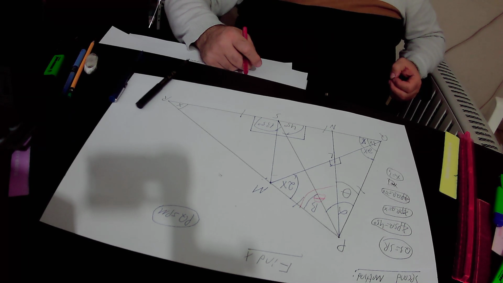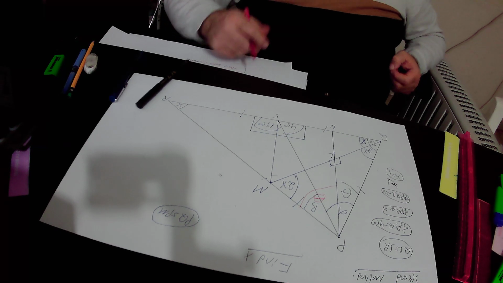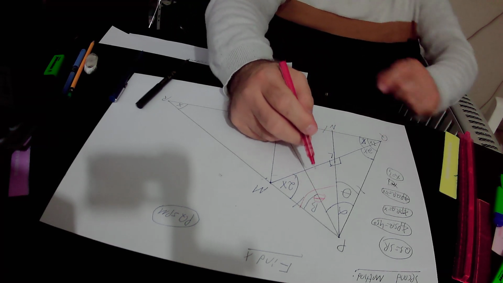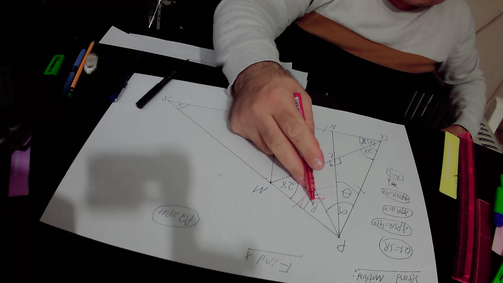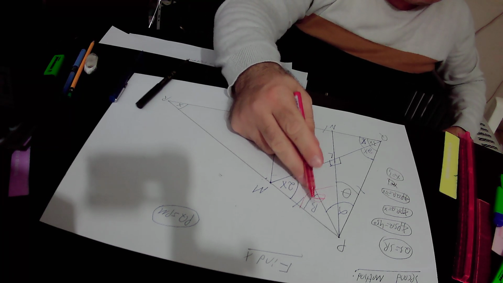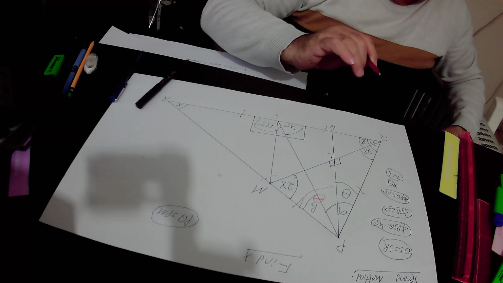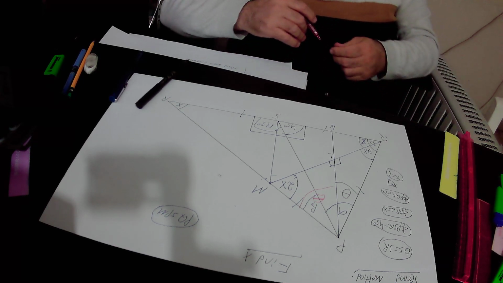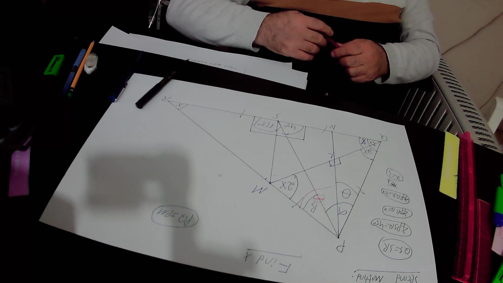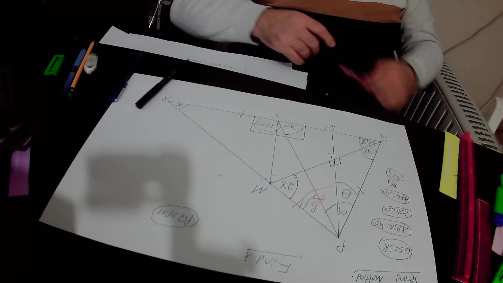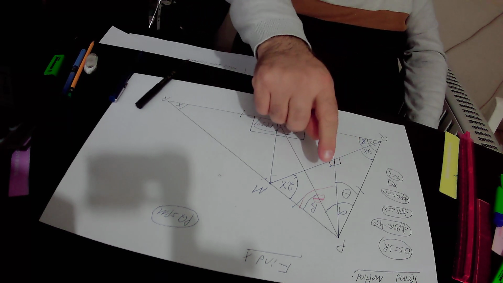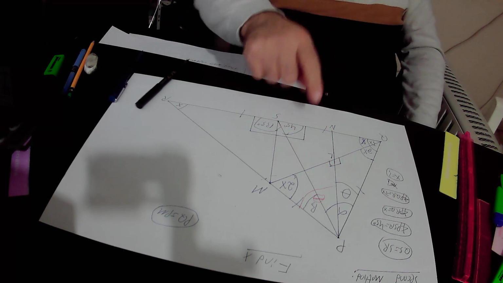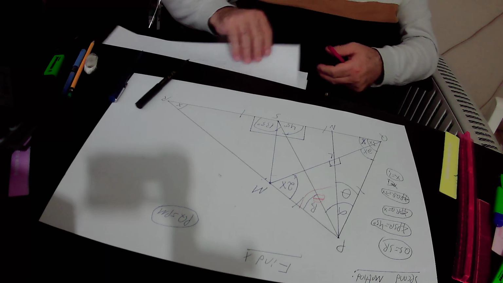And so this angle equals theta, and this angle equals beta. You can see from the drawing that theta plus theta equals alpha plus beta.